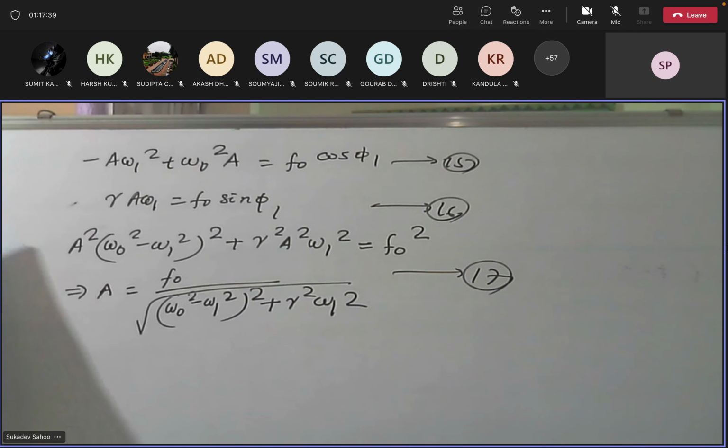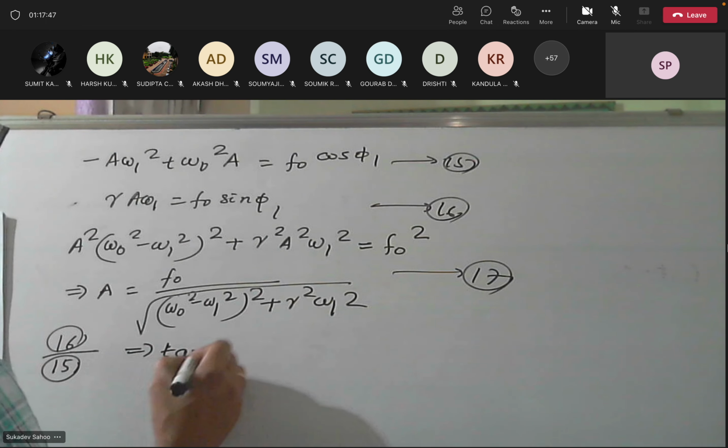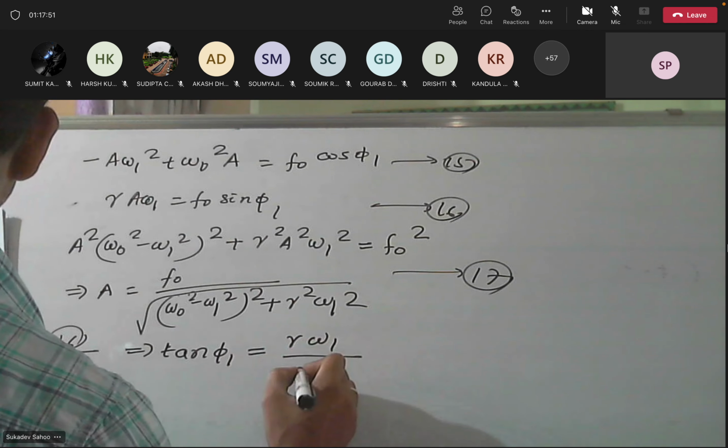Again, dividing equation number 16 by 15, we will obtain tan phi 1 equal to gamma omega 1 over omega 0 square minus omega 1 square.